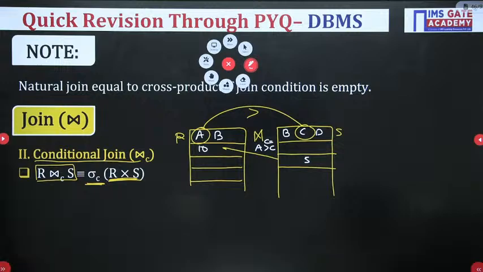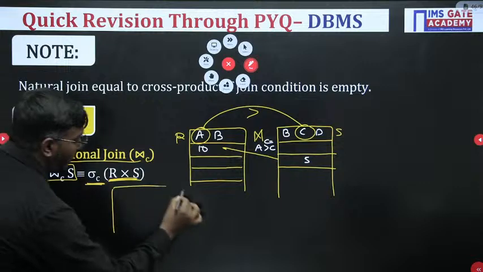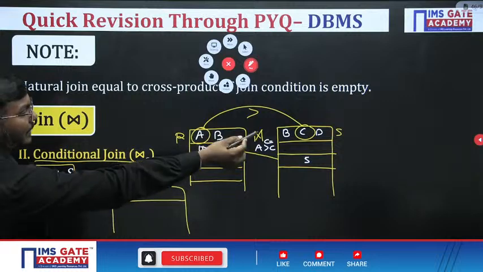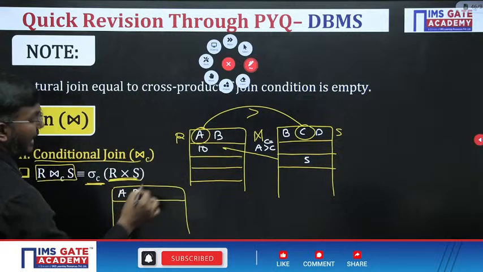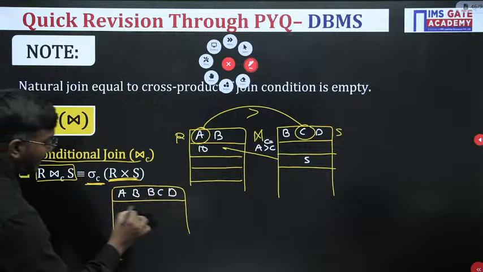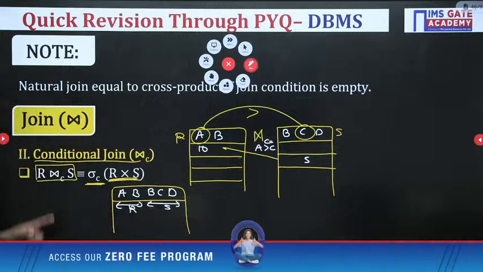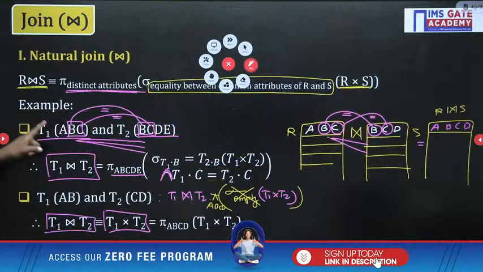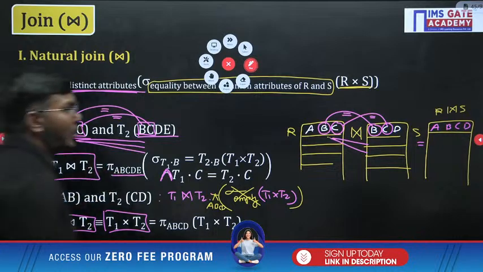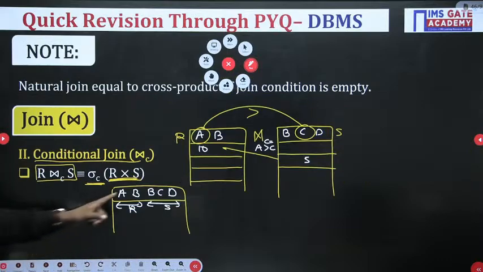Fine. So tell me, what will be the result table of this R cross product S? It is all the attributes of R followed by all the attributes of S: here A, B, and then from S it will be B, C, D. Previously in natural join we merged the common attributes, but here we are not going to merge.